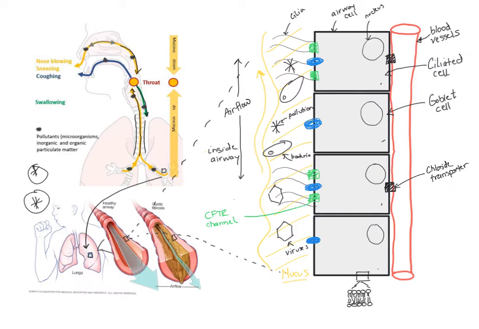So I'm going to label one of these. This is an aquaporin. Okay, so we have our cells, ciliated and goblet cells, and we have a membrane surrounding each one of those. And on the membranes, we've got CFTR channel proteins, aquaporins, and chloride transporters.